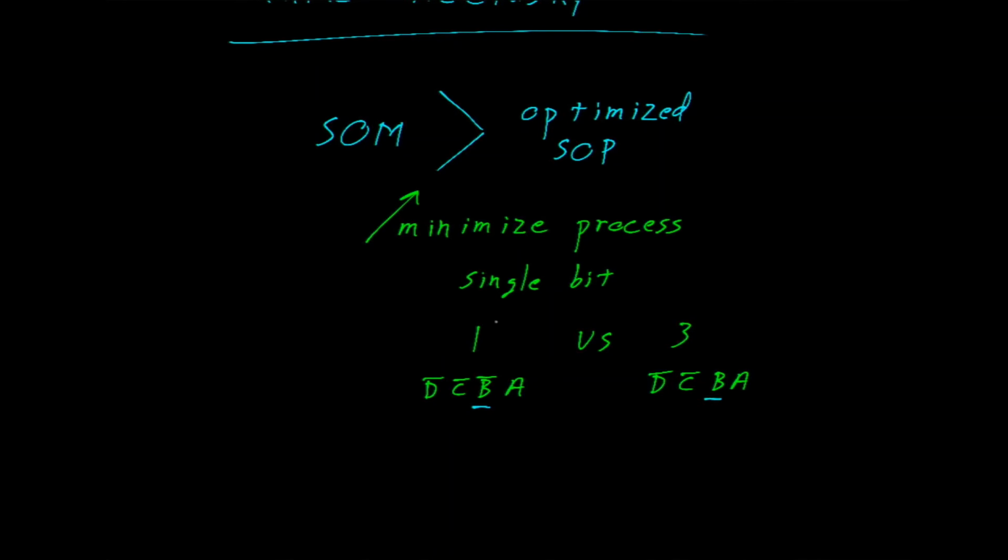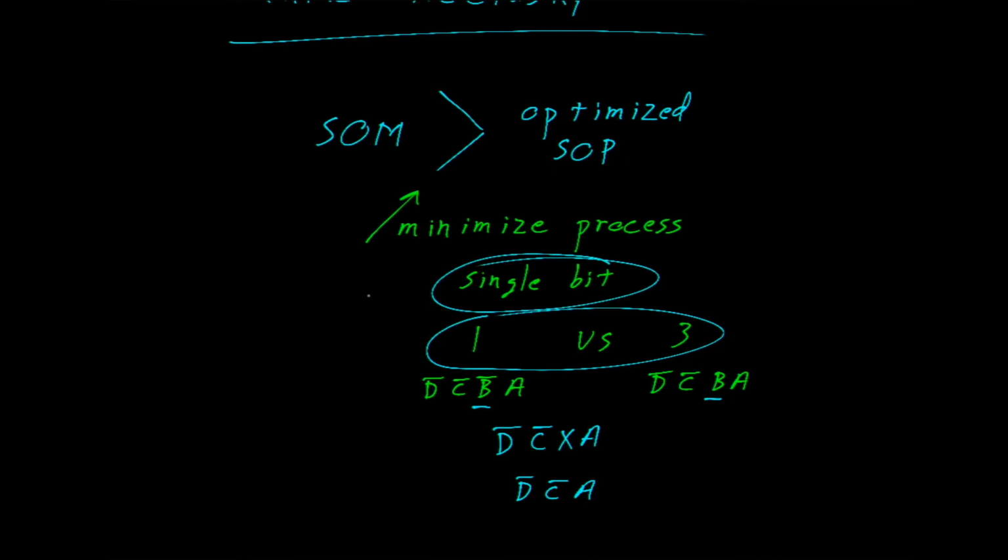So if we had minterms 1 and 3, we could simplify it as D naught, C naught, not interested in B, A, or simply D naught, C naught, A. That was a single bit comparison.